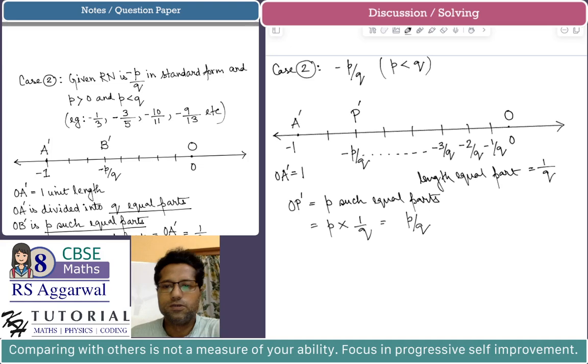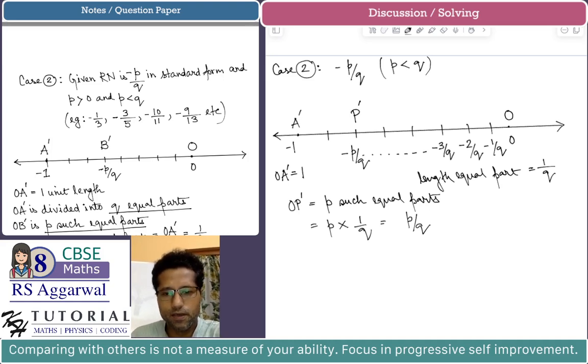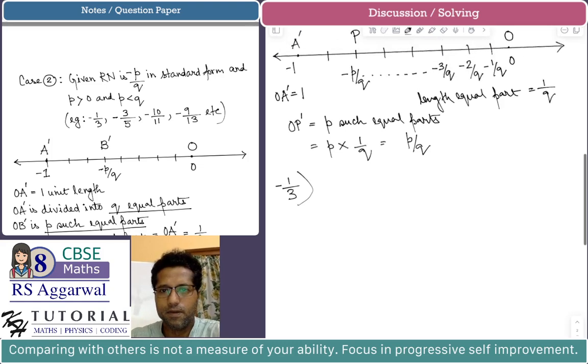Okay, so let's try to understand this with an example. Let's say this time we use the number minus 1 by 3. How do we represent the number minus 1 by 3 on the real line or number line?